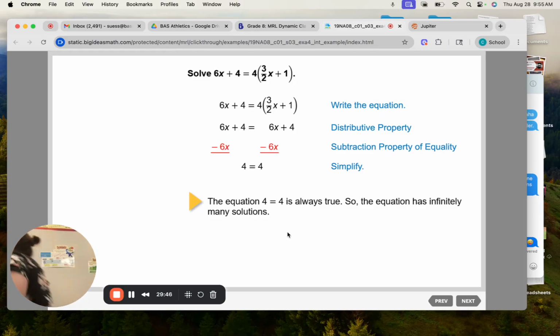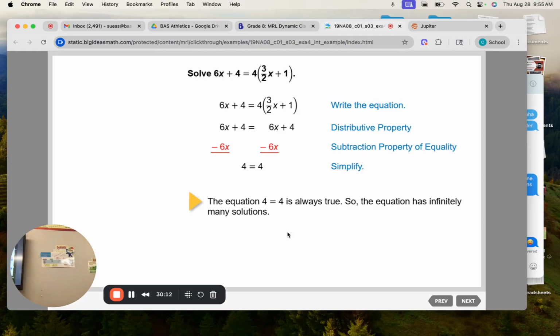What you can think about is if I plug a number where this x is, and I plug the same number where this x is, say I put a 2 there, this side is still going to equal this side. It's going to come out to be the same answer. So there are an infinite number of answers I could plug in here. I could put 2,727,000 right here where the x is, as long as I put the same thing here, then this side is going to equal this side, right?